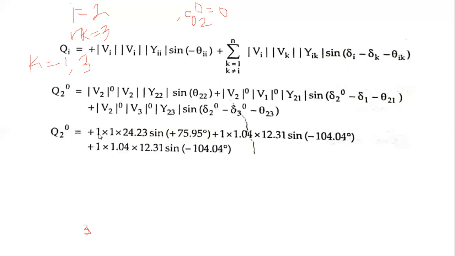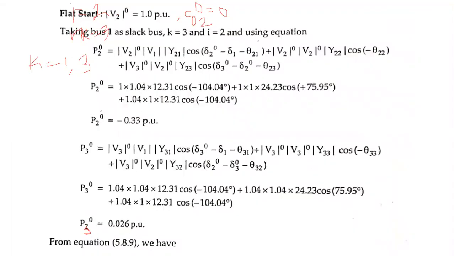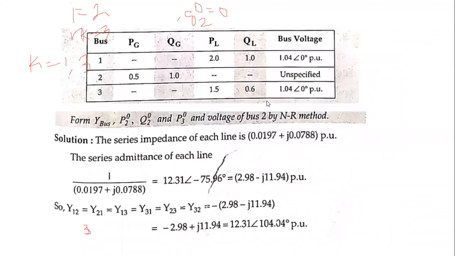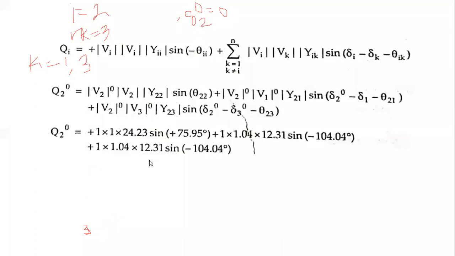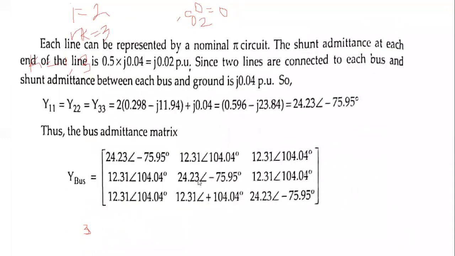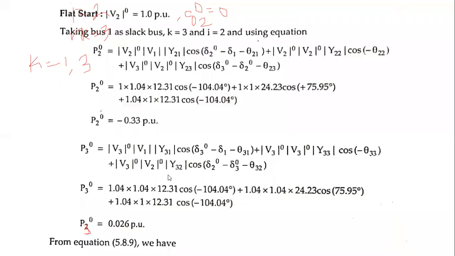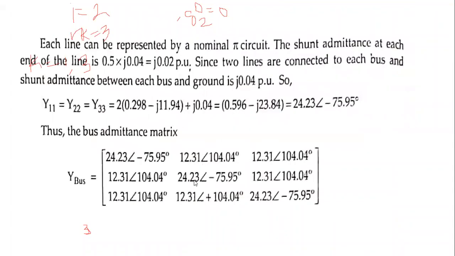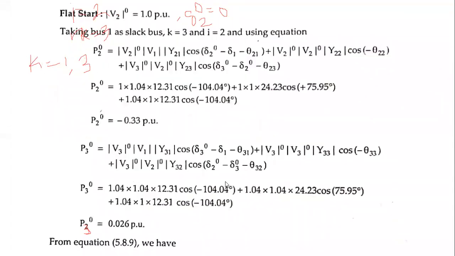Therefore Q2 power 0 equals 1 into V2, which is taken as 1, and Y22 equal to 24.23, sine of theta 22, theta 22 equal to minus 75.95.